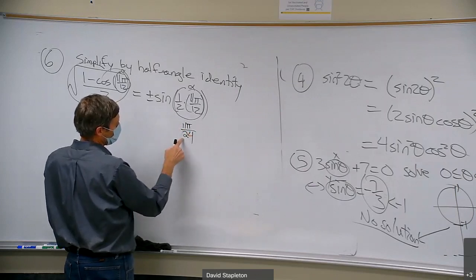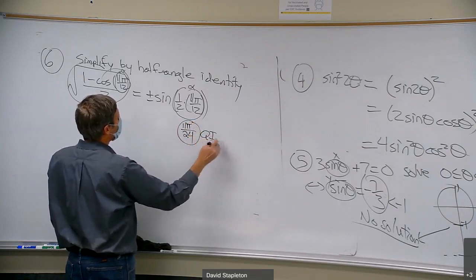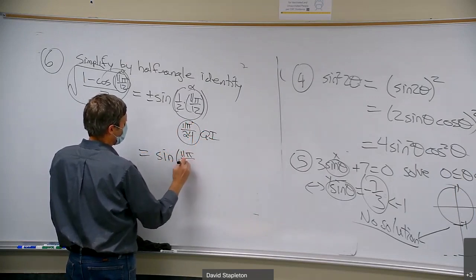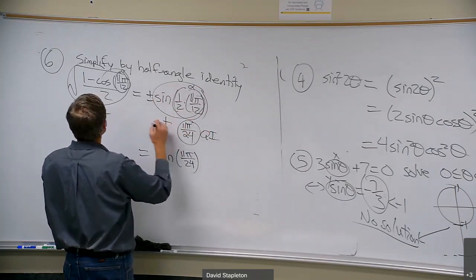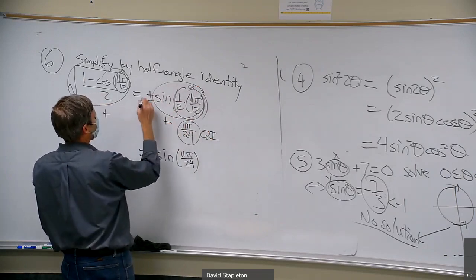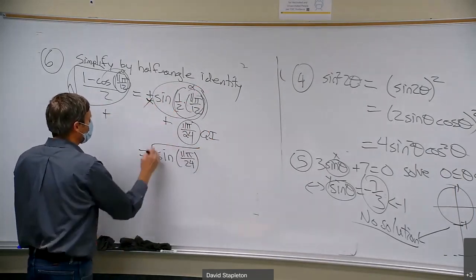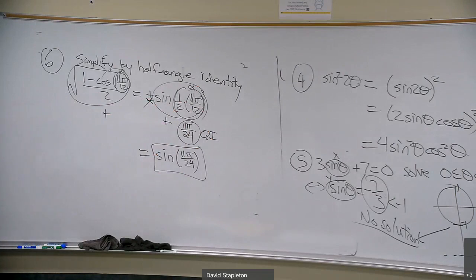This is less than 12 pi over 24, which would be pi over 2. It's in quadrant 1, which makes this positive. This is positive, so I have to use the plus sign here. So a plus and plus come up. So the answer is sine 11 pi over 24 to make it positive on both sides.